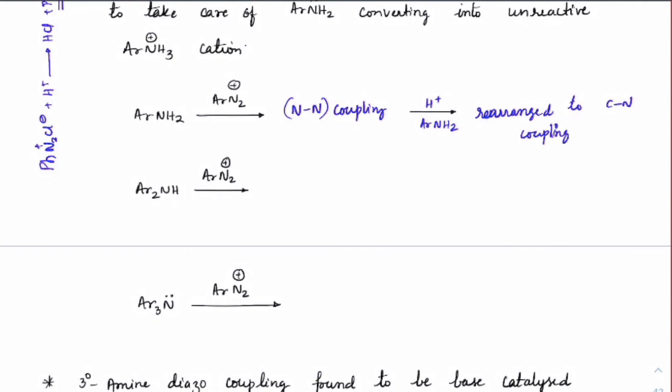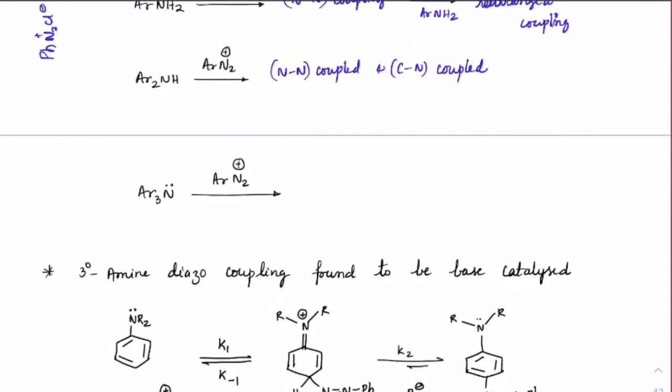Suppose I take a secondary amine: in the case of a secondary amine, we might see both of them in a significant quantity, the NN coupled product and the CN coupled product. In the case of a tertiary amine, we will only see the CN coupling product, no NN formed at all.